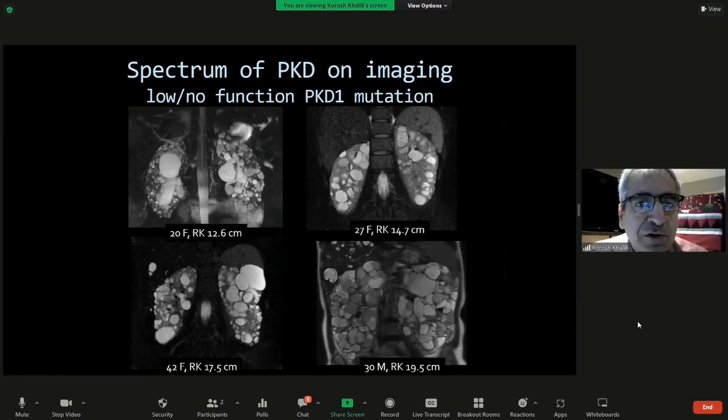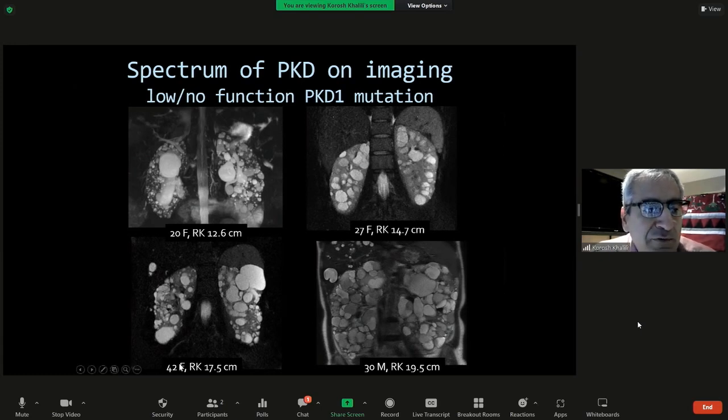So let's move on to what polycystic kidney disease looks like on imaging. The appearances of it to some degree depend on how old the patient is and what kind of mutation they have. If they have a mutation of the PKD1 gene that results in a protein that has little or no function, then the disease is relatively severe.